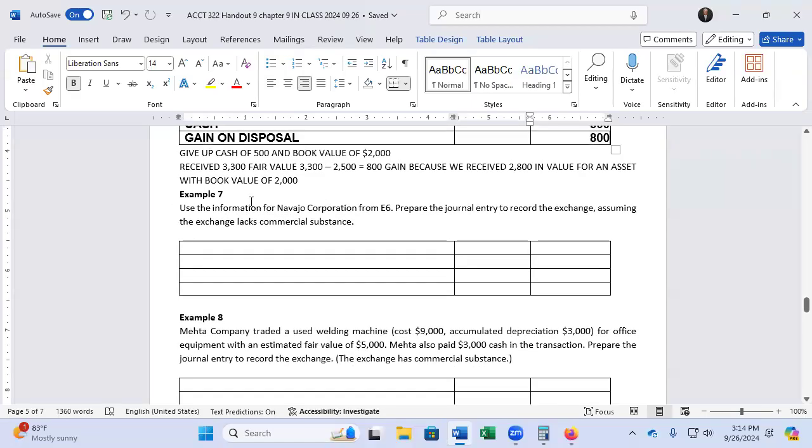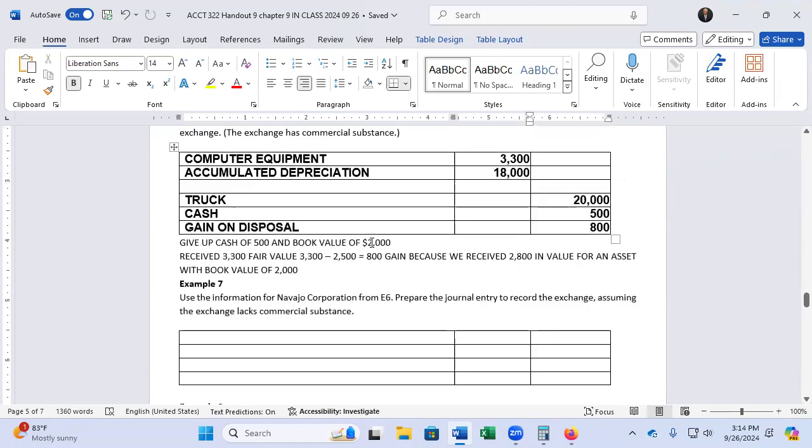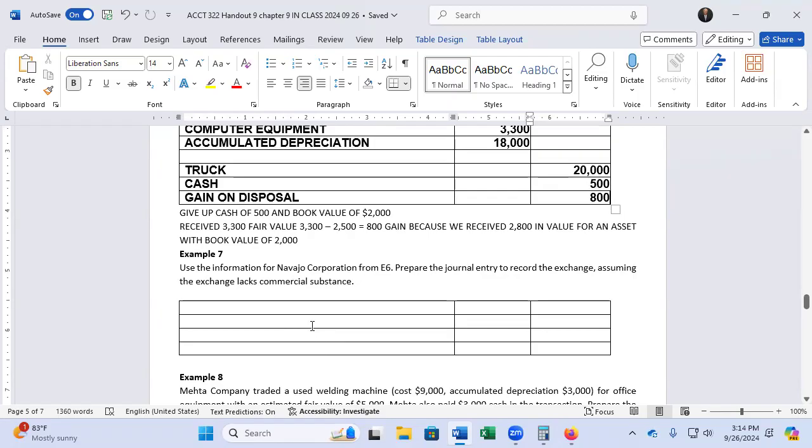So now we're going down to example 7. Use the information from example 6. Prepare the journal entry to record the exchange, assuming the exchange lacks commercial substance. So now here we can't recognize the gain, right? So what we have to do is we have to back out the value of the gain.